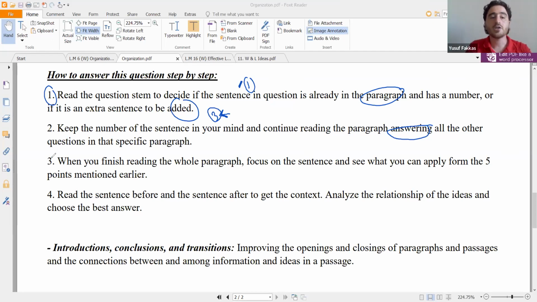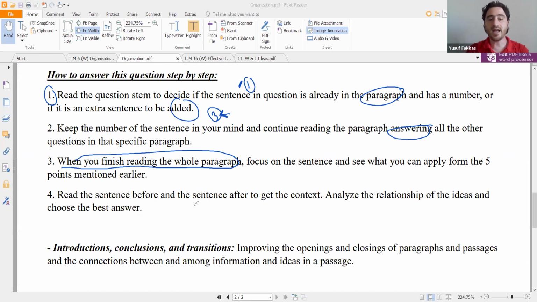All right. So now you read the whole paragraph, you answered all the other questions while you were reading. Now you focus on this kind of question. And now you look for the things that we talked about while you were highlighting. Did you highlight a reference word, a pronoun? Did you find a transitional word? Did you find anything else that can help you in the paragraph to understand the relationship of ideas and so on?